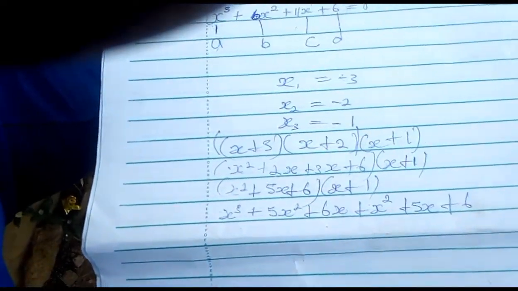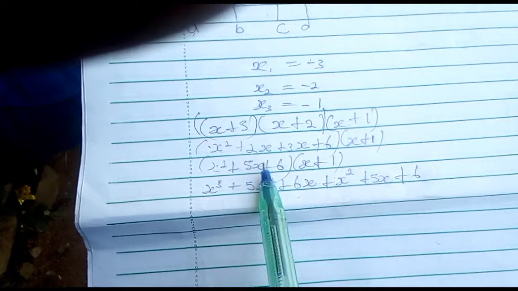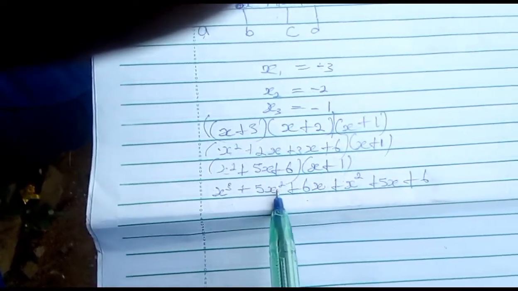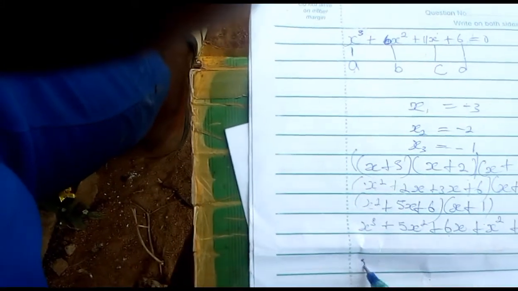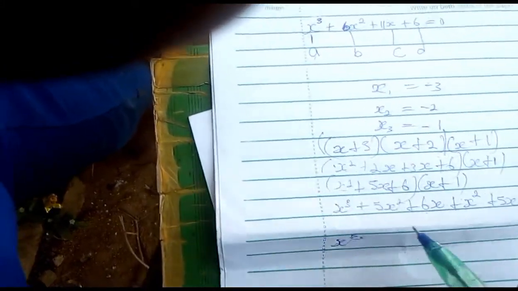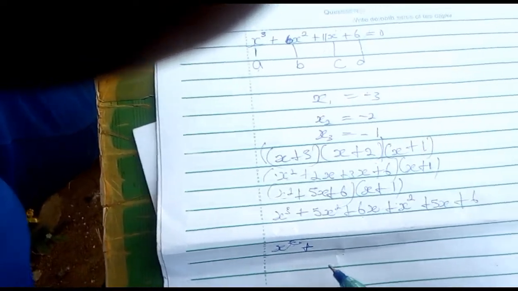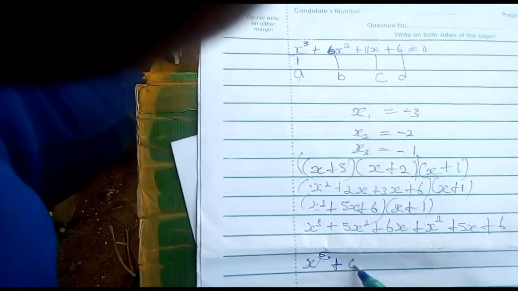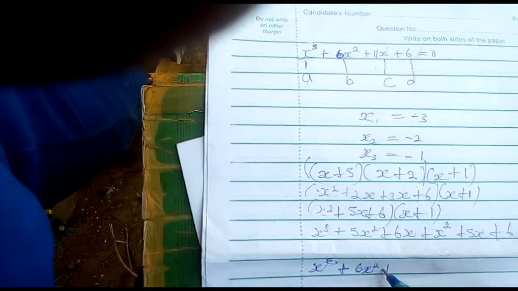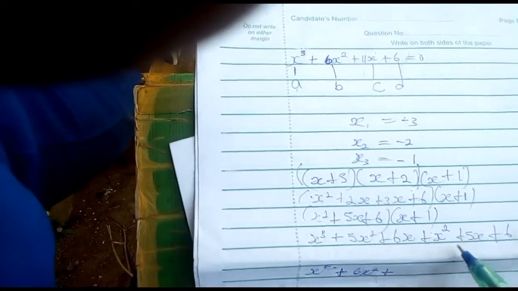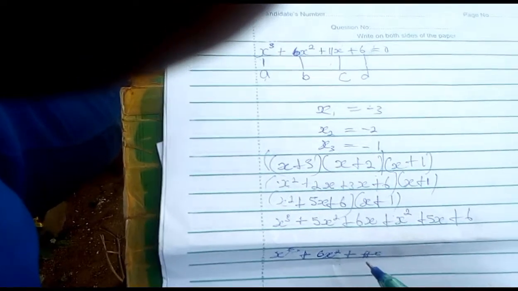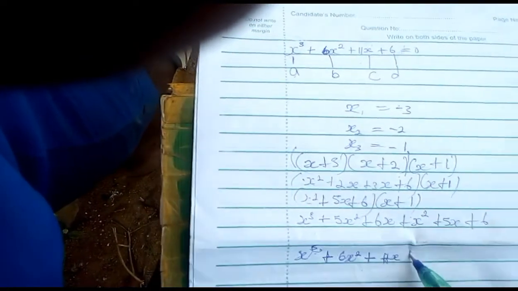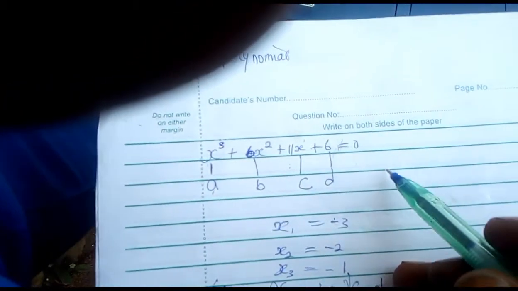Now rearrange the equation. We have x raised to the power 3, then 5x squared and x squared will give us 6x squared, then 5x plus 6x will give us 11x, then plus 6, which is equal to our initial equation.